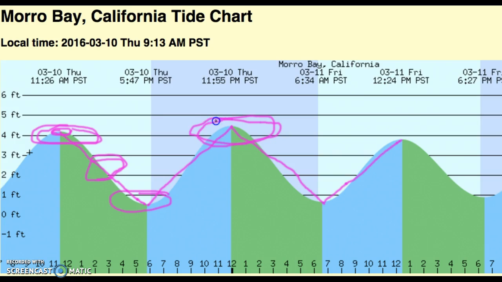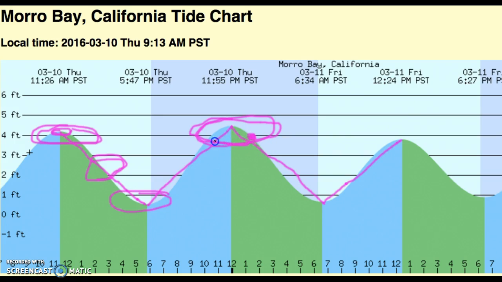Okay, you've got a 2-hour slack tide, slack current period where the tide's going to hang out at high tide for a while. The current will finish filling in as the tide hangs out there, right? So at this part of the chart right here, I wouldn't be surprised if this current is still going in even though we're starting to ebb, even though the tide's starting to go out, because I think the current will follow it by a while because it's going to take so long to fill into the narrow channel at Morro Bay.